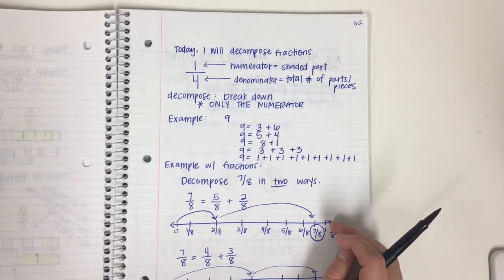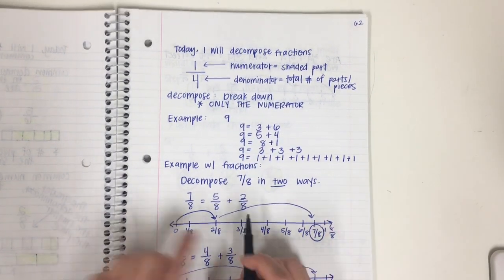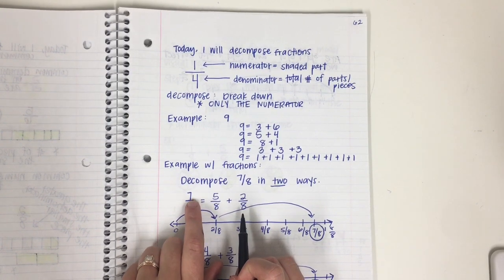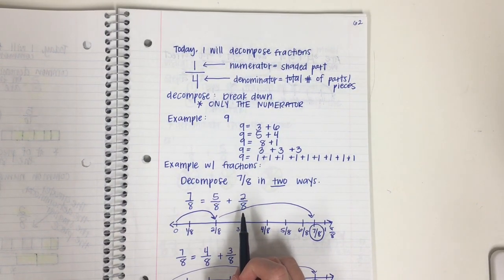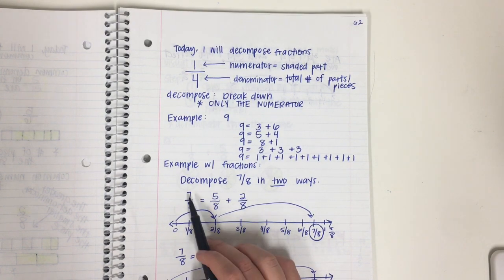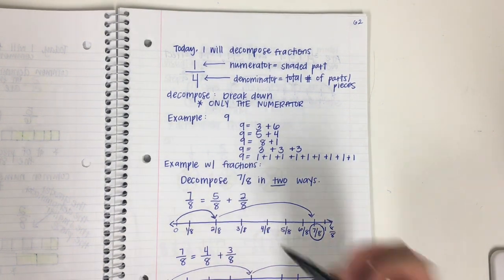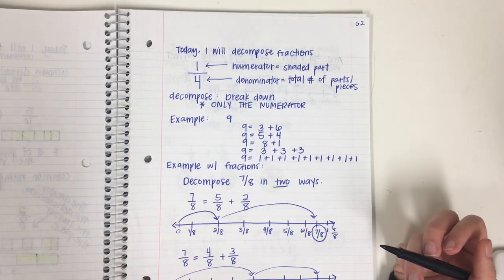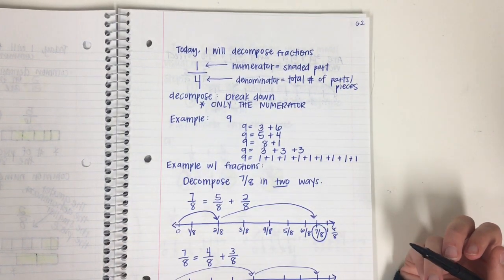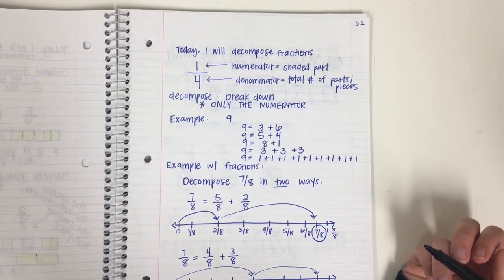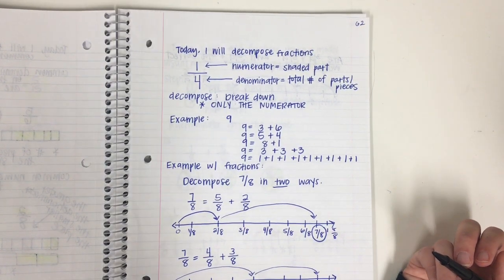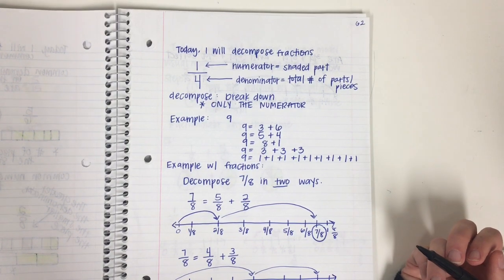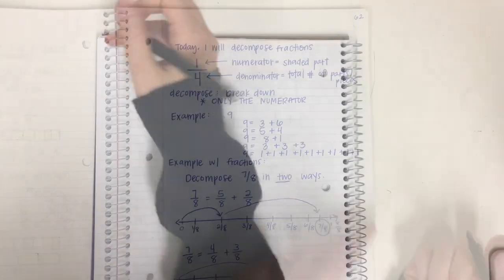With addition, we broke it down by figuring out our numerator. We always work with our numerator in fractions. We looked at how you could break down a 7 into an addition problem, so you could do 5 plus 2 or 4 plus 3, and we showed this using a number line. With multiplication today, it's going to be fairly the same, so I think you'll like it because you'll have some background knowledge on it.